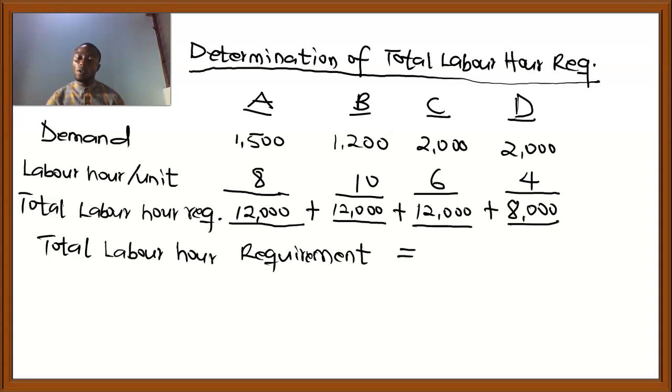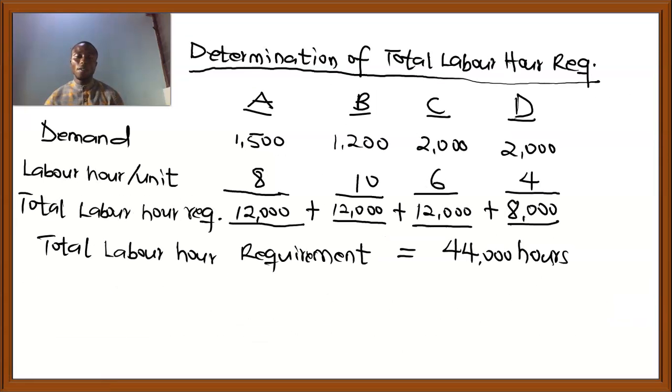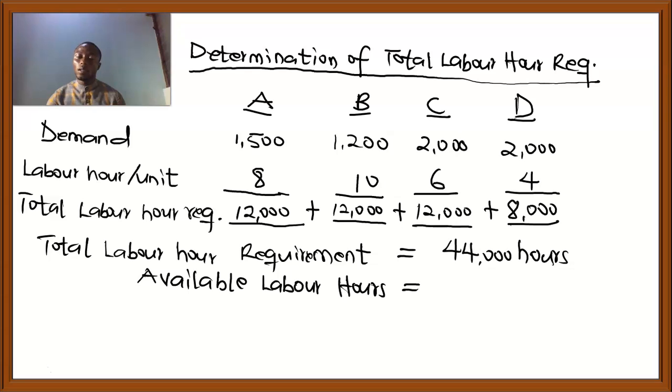To be 44,000 hours. And now we are told that the labor hours are limited to 48,000 hours. So we have available labor hours. We have 48,000 hours of labor available.